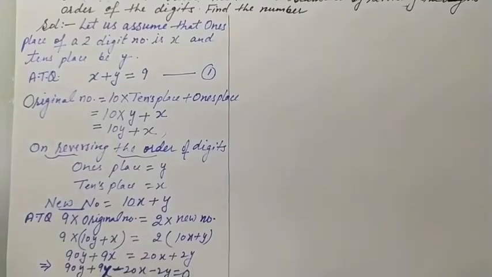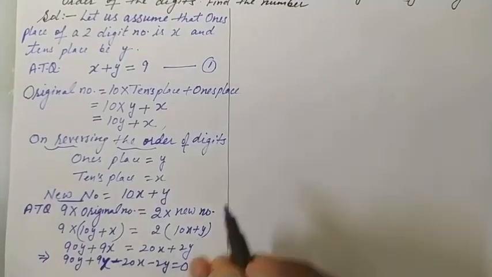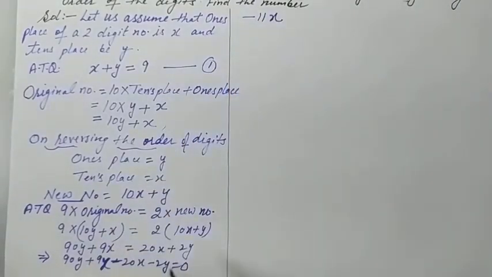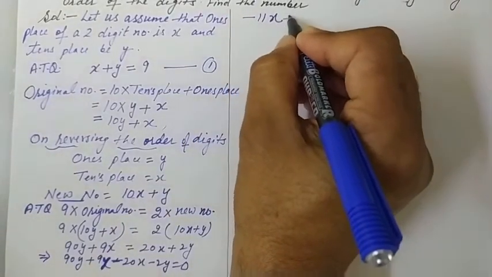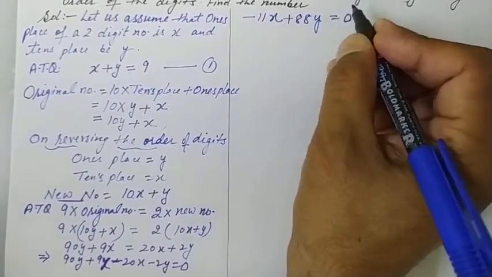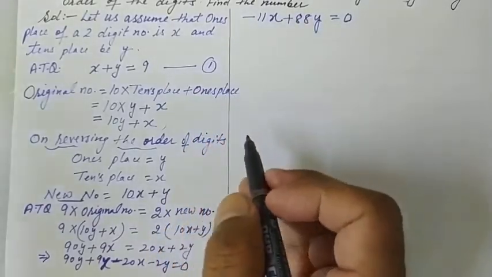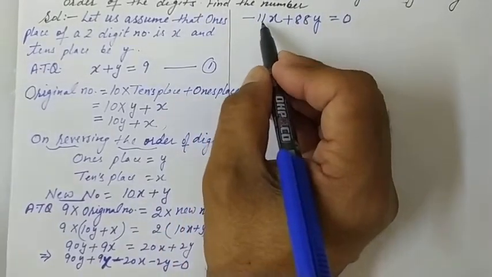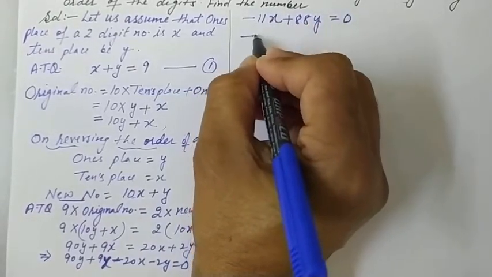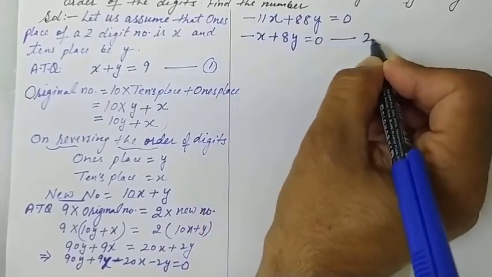So 9x minus 20x is minus 11x, and 90y minus 2y is plus 88y, equal to 0. We can divide this whole equation by 11 because both are multiples of 11. Dividing both sides by 11, it becomes minus x plus 8y is equal to 0. This is our second equation.